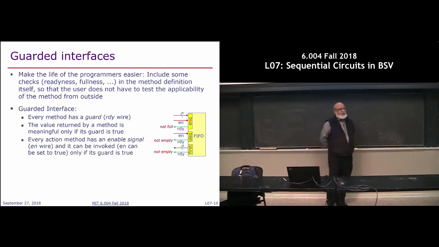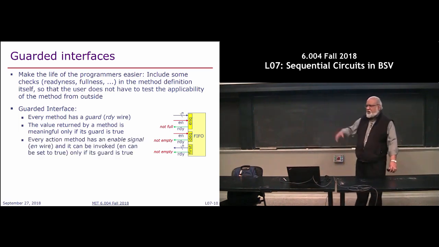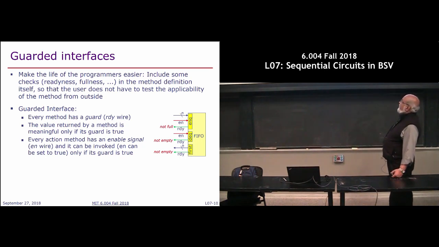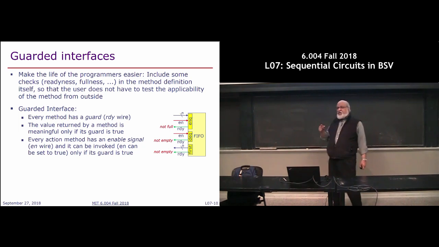And every action method, and this is the question that was asked earlier, has an enable signal, an enable wire, which is saying, please do it. I want you to do this action method at this point. So this is the wiring diagram associated with this.